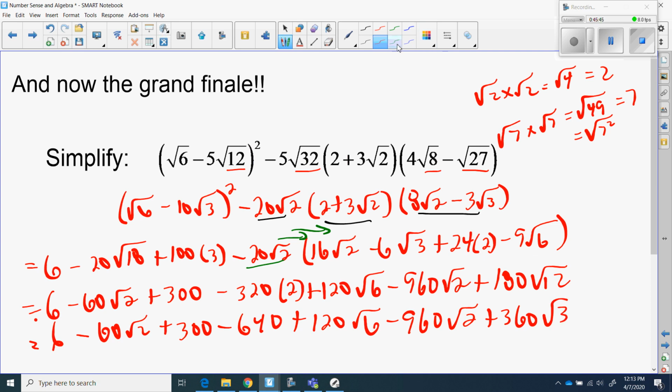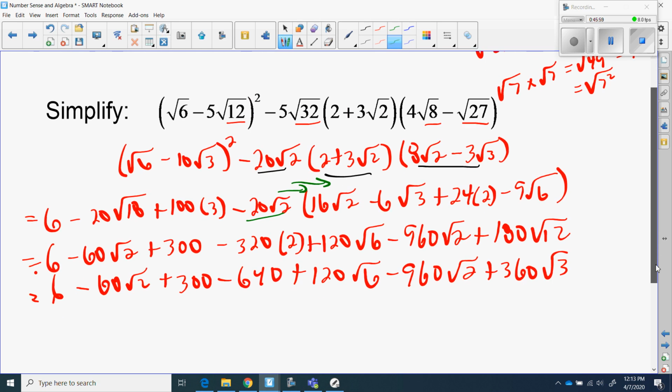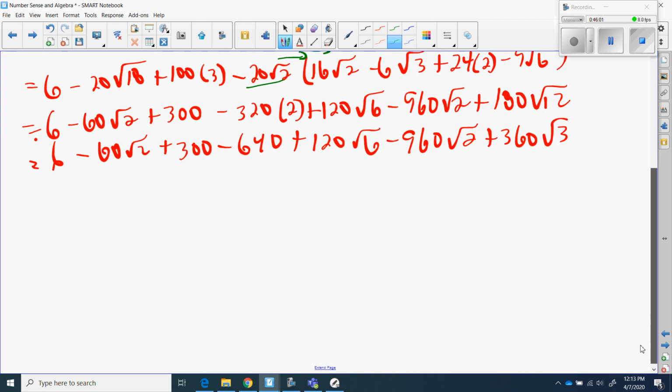All right, here we go. Let's do the radicals first. And just to give myself some structure, I'm going to go from highest to lowest. So 120 radical 6. Well, there are no other radical 6s, so when I collect the radical 6s, it will just stay 120 radical 6.